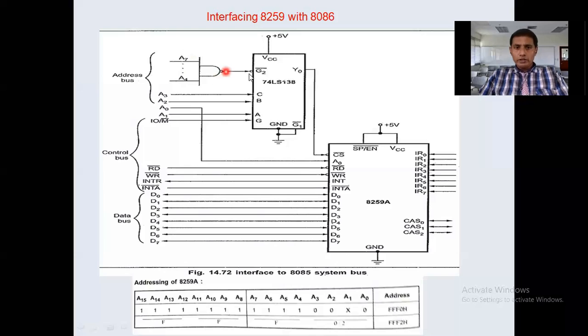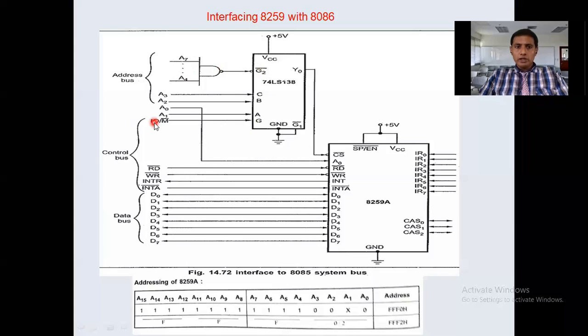When the output of the NAND is 0, then only G2 bar is activated. Assume all inputs A4 to A15 are 1s. Then what is the output of the NAND? It is 0. Give 0 to G2 bar, then it will activate.